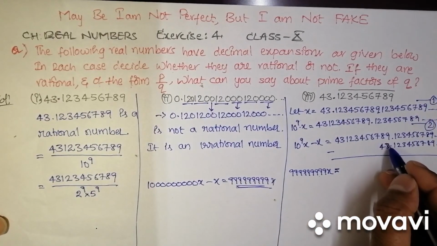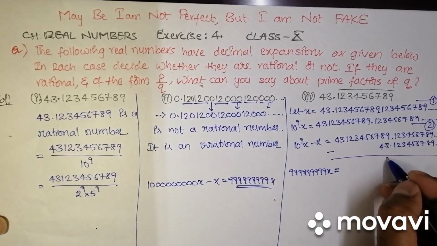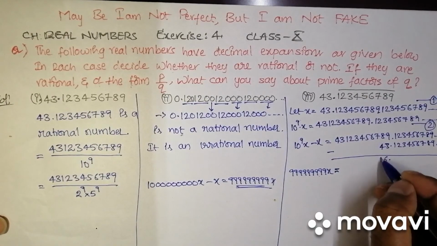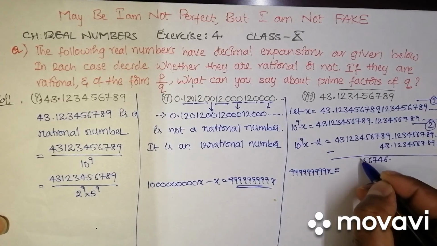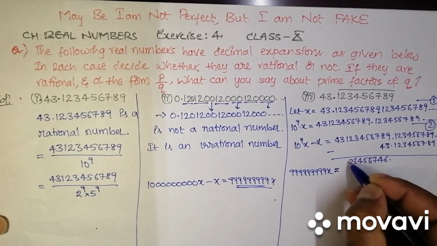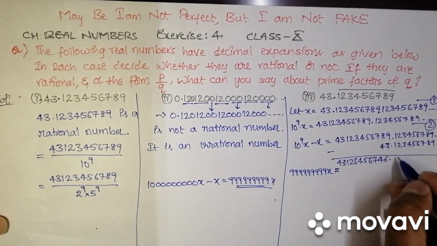Now, if you subtract 43 point this value from this, 9 minus 3 is 6, 8 minus 4 is 4, and this will be as usual 7 6 5 4 3 2 1 3 4, and point 1 minus 1 is 0.